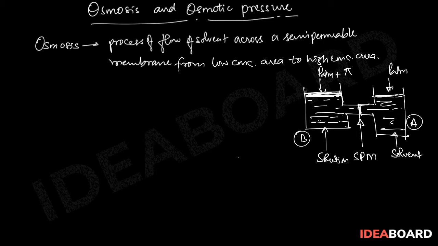The rate of movement of solvent particles from A to B becomes the same as the rate of movement from B to A, so there is no net movement of solvent from A to B.